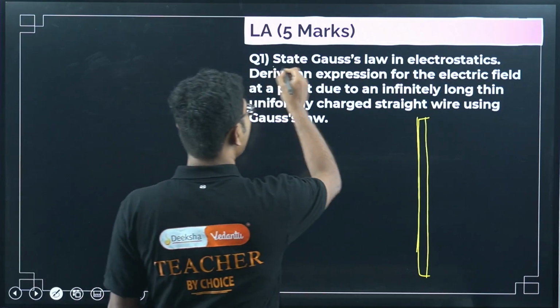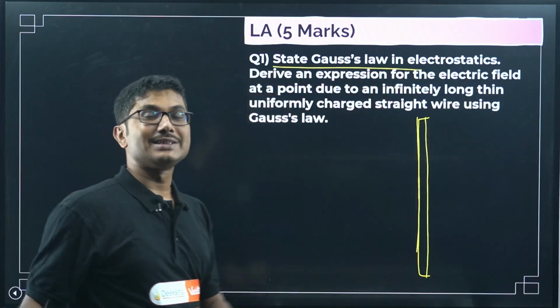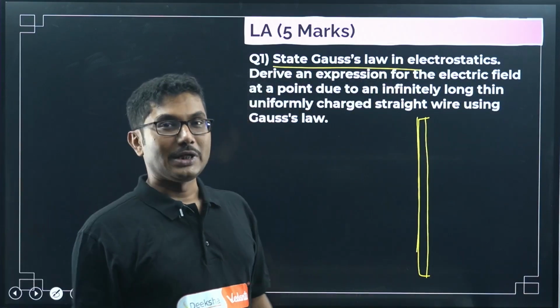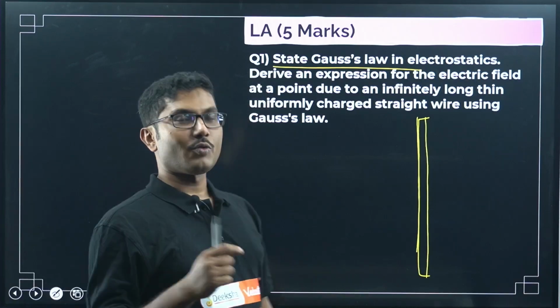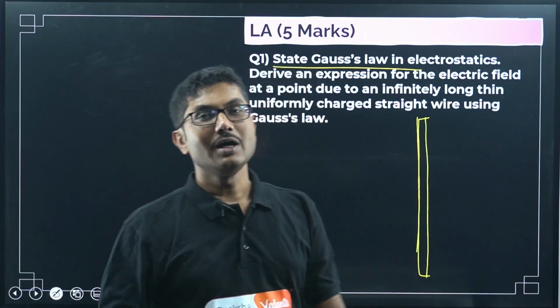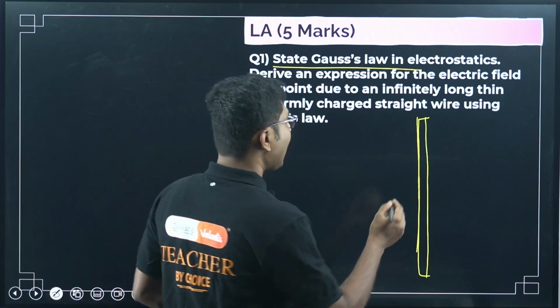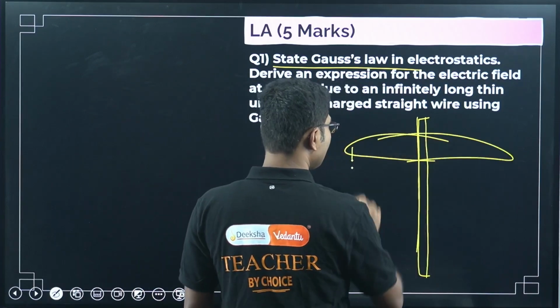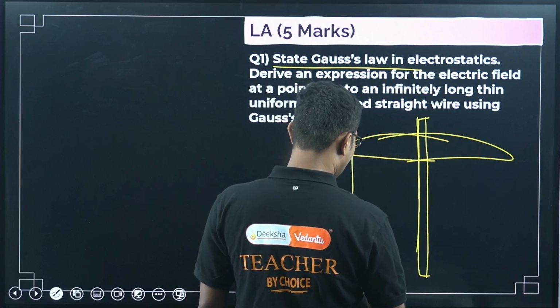State Gauss's law. The statement of Gauss's law is given in the first MCQ. The charge enclosed in a closed surface divided by epsilon naught, or 1 by epsilon naught times the charge enclosed, is Gauss's law. And here they have asked you to find the field of a long straight charged wire.